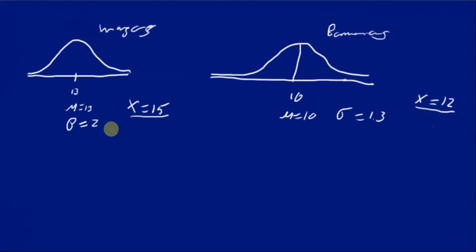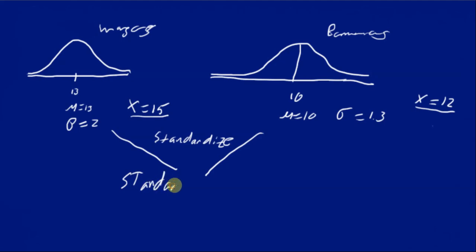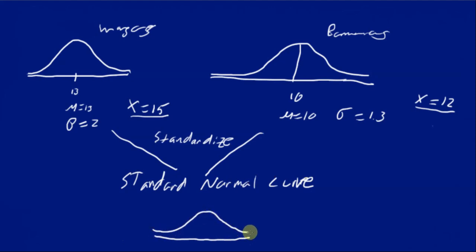Well, what z-scores do is take each one of these distributions and standardize these distributions. What we're going to come up with is called the standard normal curve. Every normal distribution can be standardized, and how you do that is every score just gets converted to a z-score.